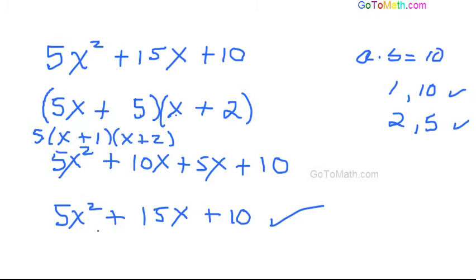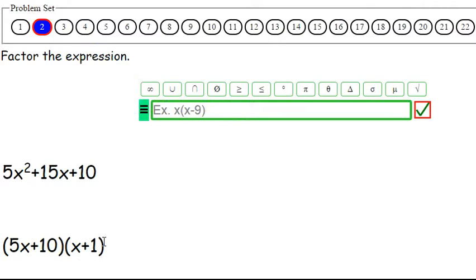Let's go back here, though. Okay, I guess we got more than one solution here. But if we were completely factoring this expression, we would want to pull the 5 out, and it'd be left with x plus 2.